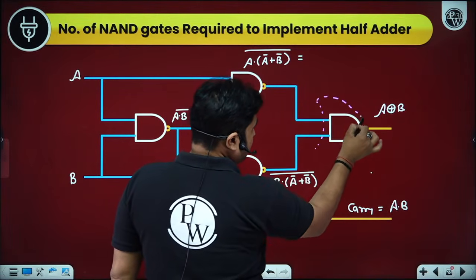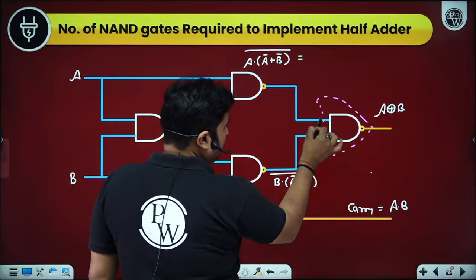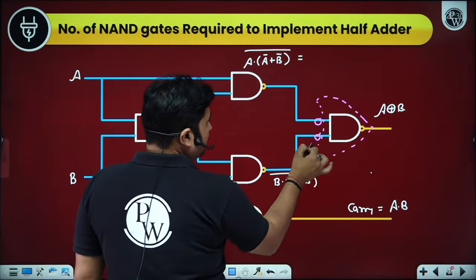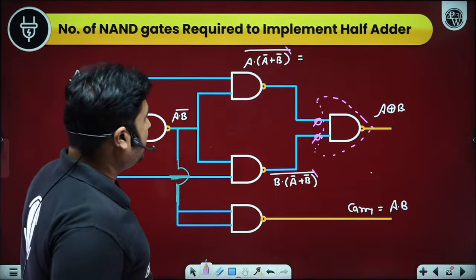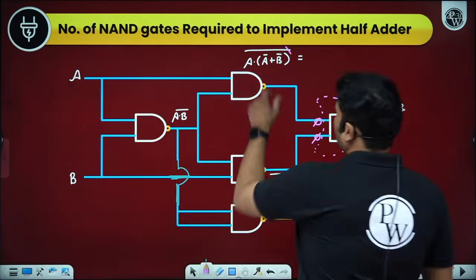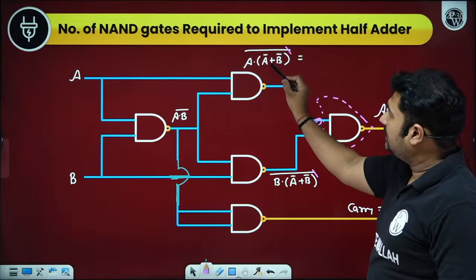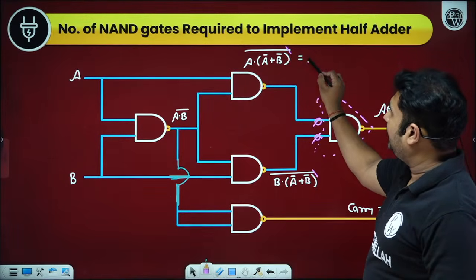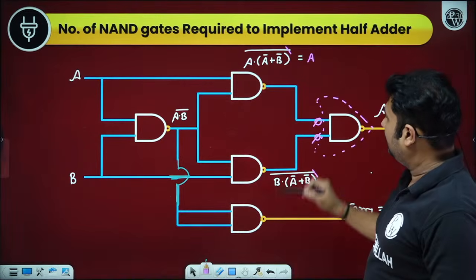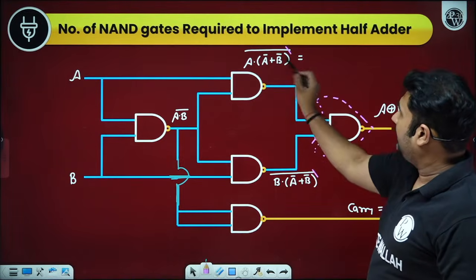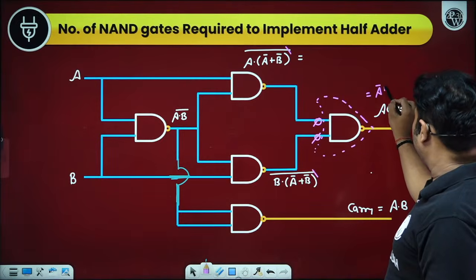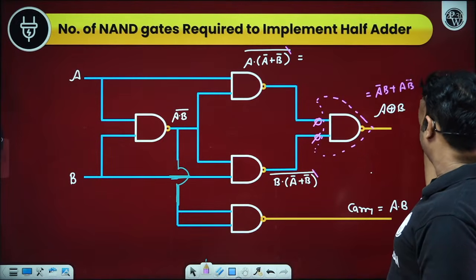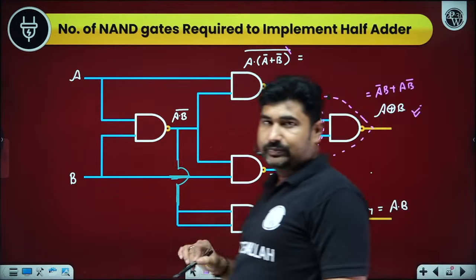Whenever I see this NAND gate, it will look to me as a bubbled OR gate. Is it okay? So this bubble is going to cancel out this part, and the OR operation will be performed. When you open this, what does it become? Sir, A A bar will become 0, and we have A dot B bar and A bar B. So we will get here A bar B plus A B bar, and that is nothing but A XOR B only. Is it okay?